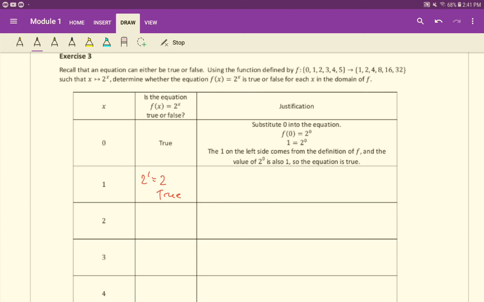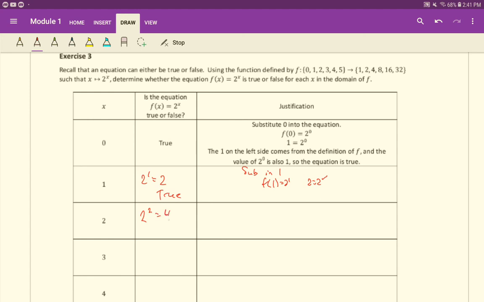Okay, and again, I'm not going to do this whole justification. You can see, instead of saying substitute in 0, we will sub in 1. f of 1 equals 2 to the 1, and 2 equals 2, so check. They're the same, okay? So it's kind of silly. I'm not going to do it for all that, nor do you need to do that.